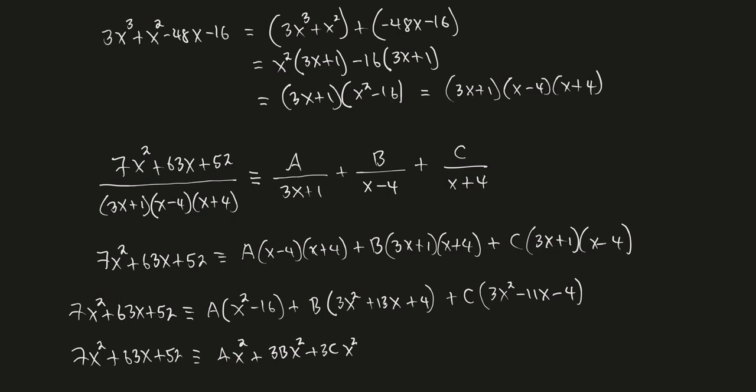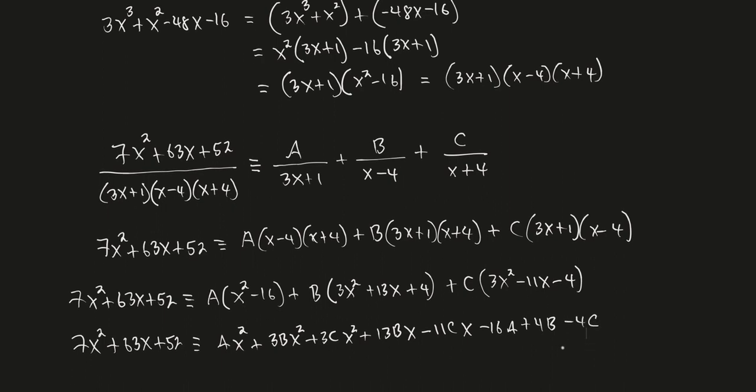And then as far as the x goes, I don't have any x here, but I have a 13bx, so plus 13bx. And then here I have a minus 11c times x, so minus 11cx. And then let's write down the constant. So now I have a minus 16a, and then a plus 4b, and then a minus 4c.